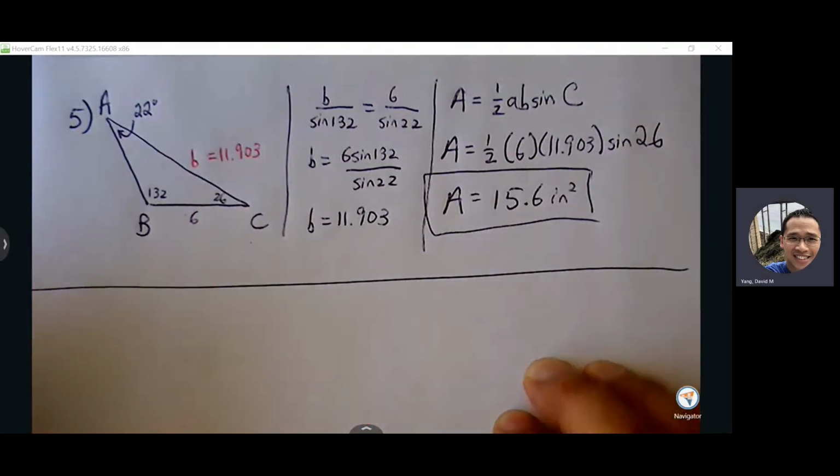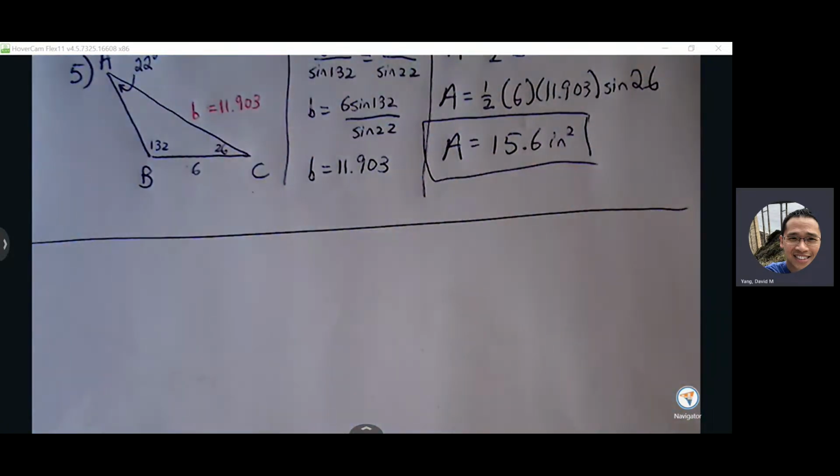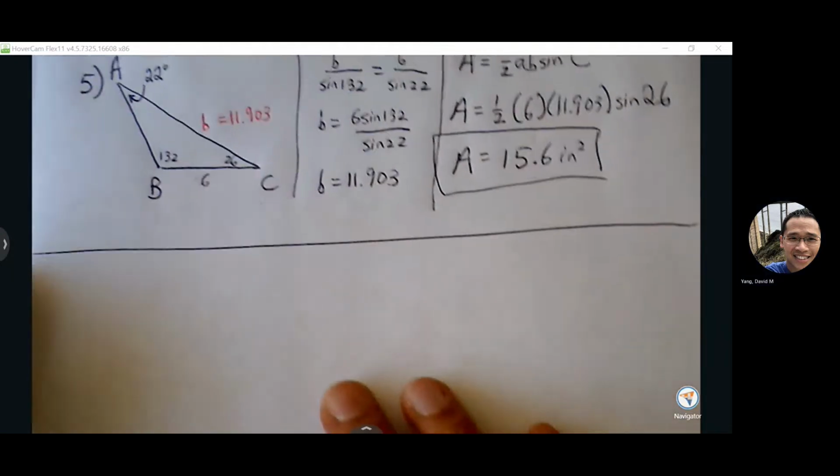Okay, number 6, similar process. I don't have enough information for side angle side, so I'm going to use law of sines to get to side angle side.